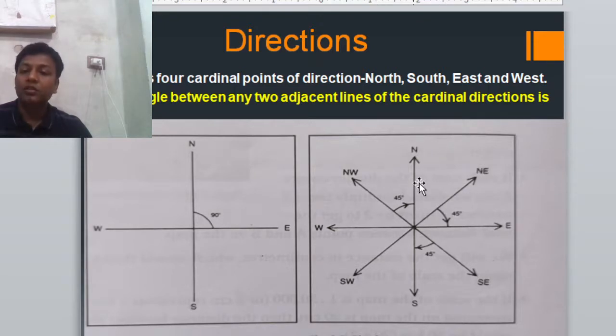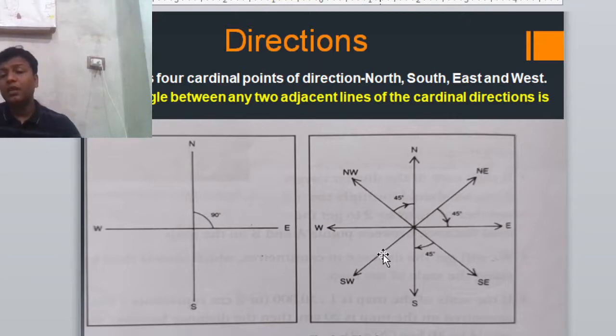That means this is northeast, at 45 degrees. Dear students, do you understand? You have to understand well that the northeast direction is 45 degrees.